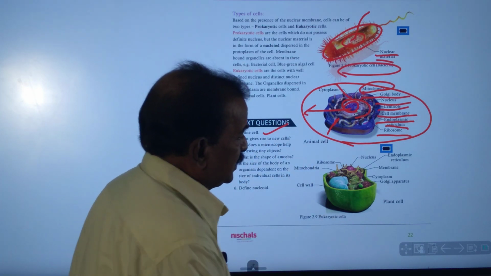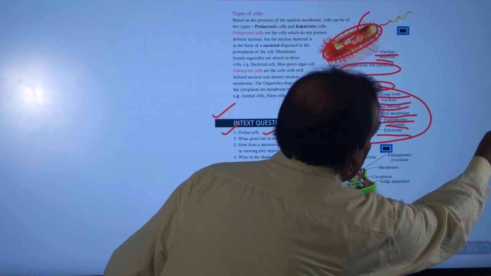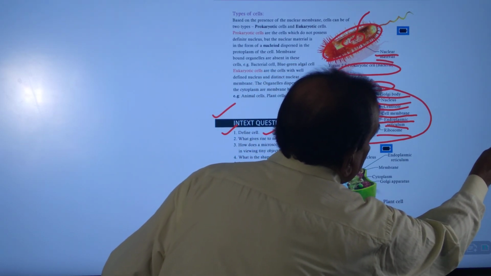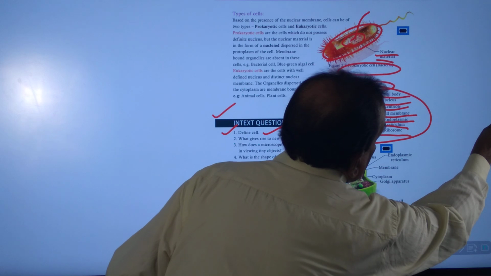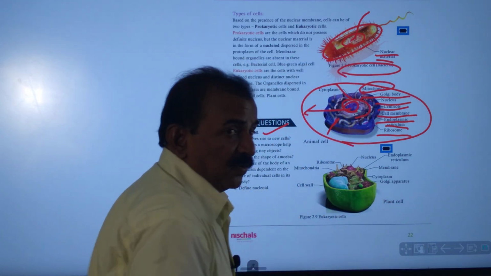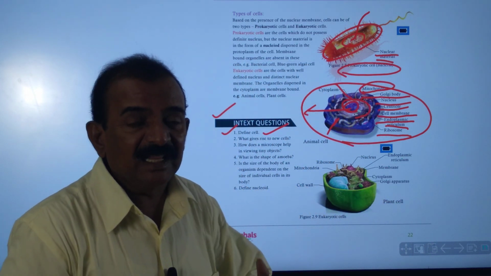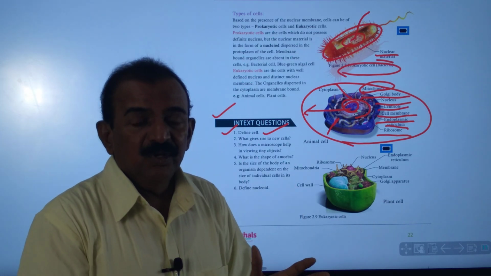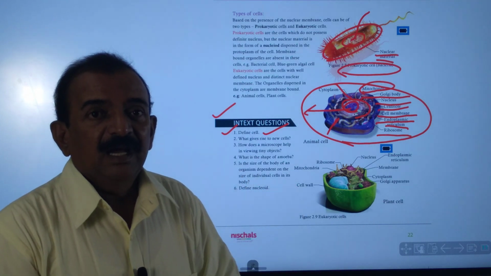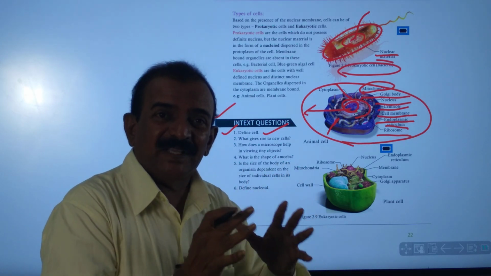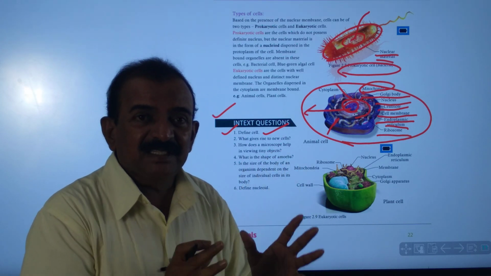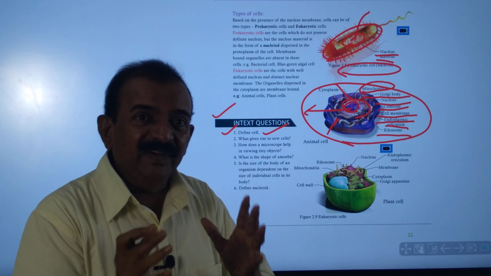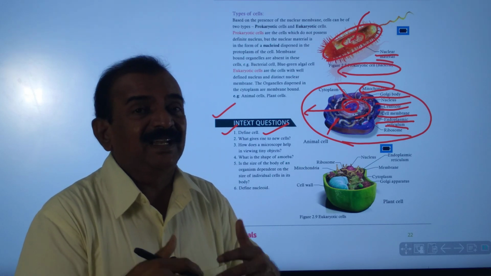Children, in this unit, we discussed the cell, the basic unit of life. So what are cells, and what are the cell organelles present in a cell, and we discussed cell theory, and we also did an activity.